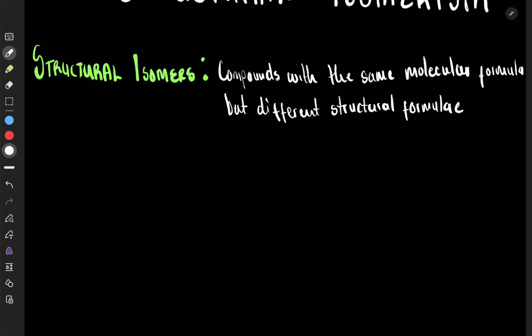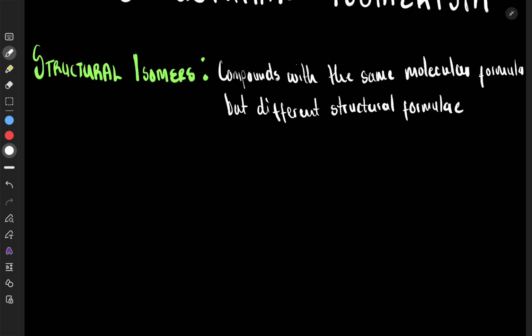So when we have things with the exact same molecular formula but different structural formulas, remember that the structural formula gives you a diagrammatic, graphic representation. It now shows you how the atoms are arranged. It could be the displayed formula or the condensed structural formula, and these can be different.